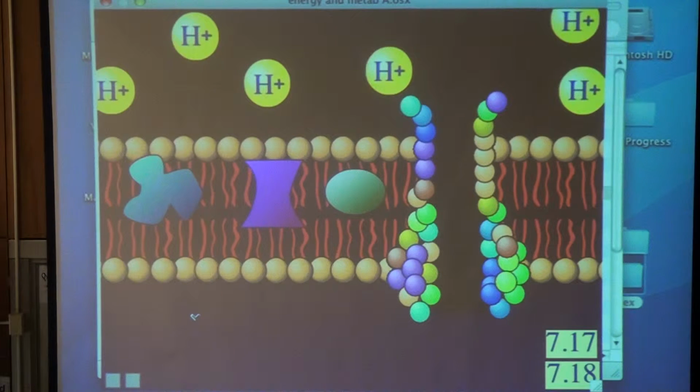And then, in case you're wondering where all this is going, the hydrogen ion gradient, once it's established, is used to make ATP, and then the ATP in turn is used to power the anabolic reaction, the constructing of the glucose molecules.